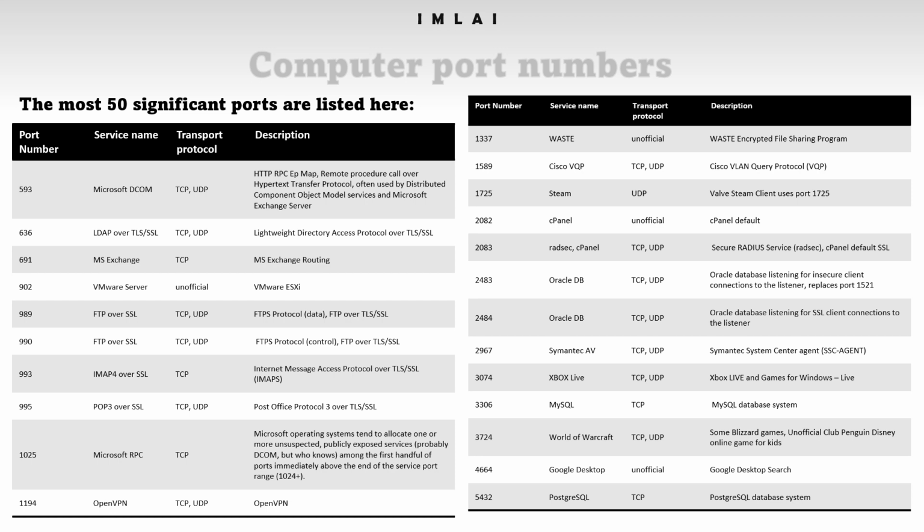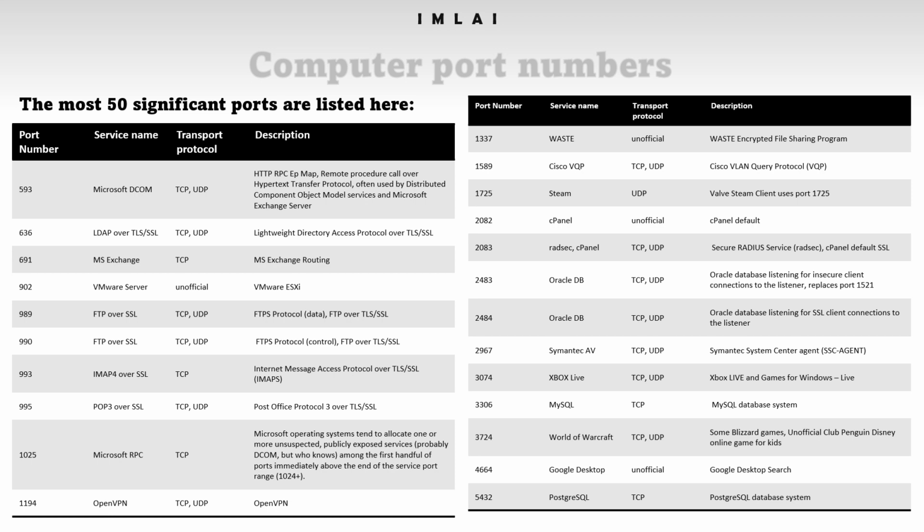After that we have Microsoft RPC. Microsoft operating systems tend to allocate one or more unsuspected publicly exposed services, probably DCOM, but who knows, among the first handful of ports immediately above the end of the service port range.